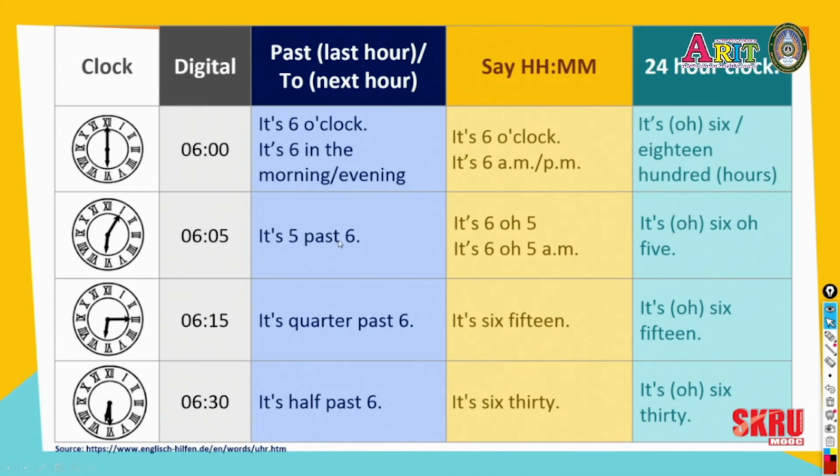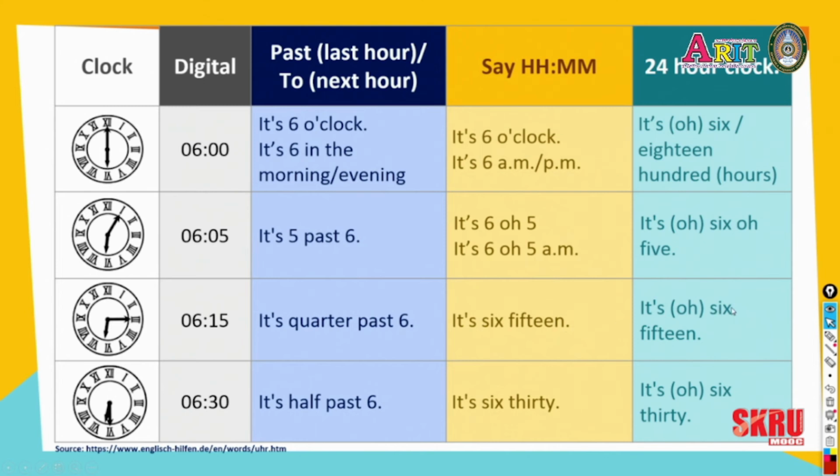It's 6:05, it's 5 past 6, it's 06:05. So we tend to use this O with the hours for the 24-hour clock. This is sometimes referred to as military time.